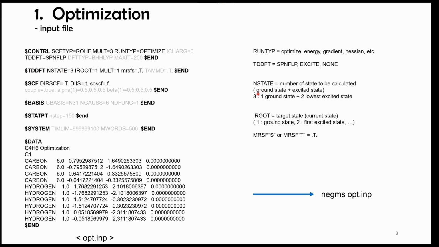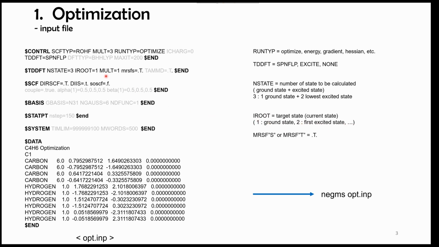For example, if it's 3, it means one ground state and 2 lowest excited states. And IROOT is the target state to be optimized. In MRSF, index 1 means the ground state, 2 is the first excited state, and so on.